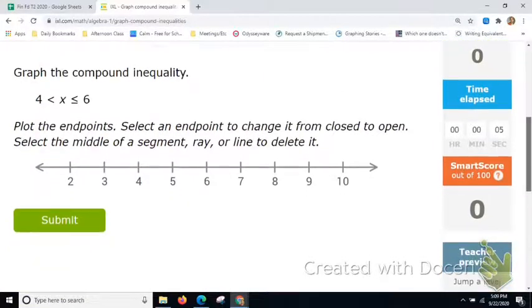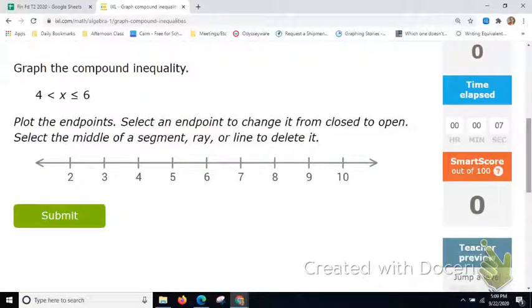So here, this is just asking us to make the graph. When you make the graph, if X is in the middle, you want your shading to be in the middle. So I'm going to start out putting an open circle at 4, and I know it's open because when compared to 4, there is no line underneath. I'm going to put a closed circle at 6, and notice if I just do those two things together, it makes it in between.